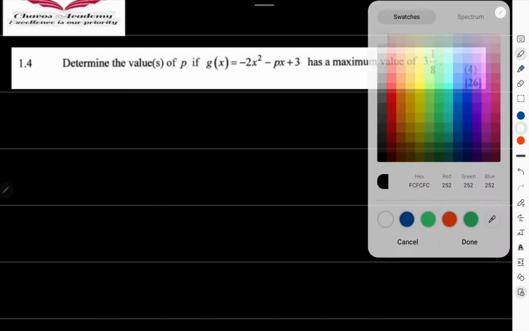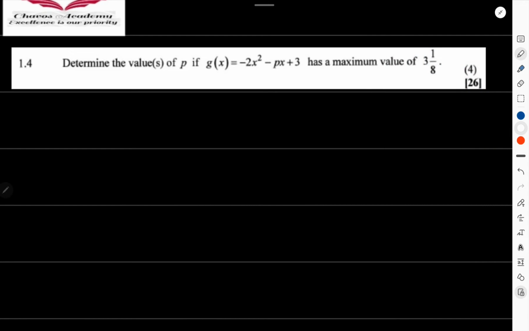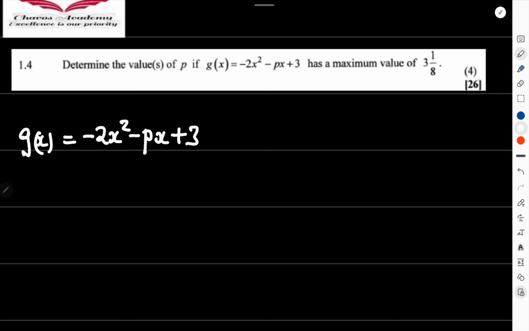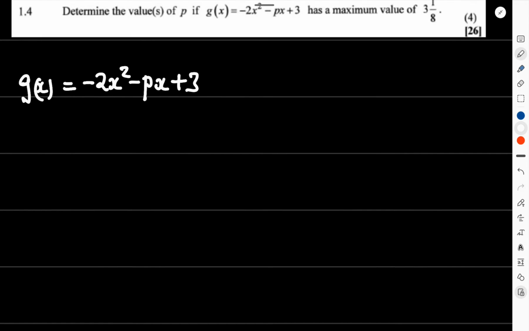So we are given g of x as negative 2x squared minus px plus 3. And they said it has the maximum of 3 whole number 1 over 8. So firstly, let's complete the square.